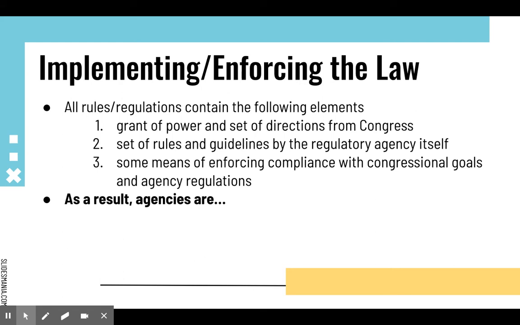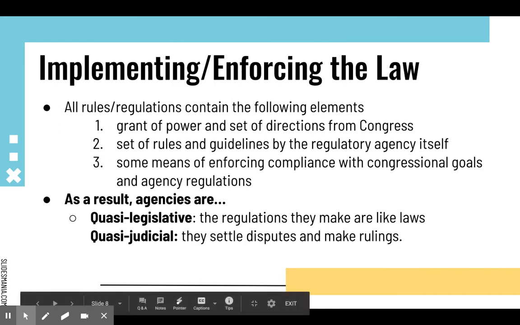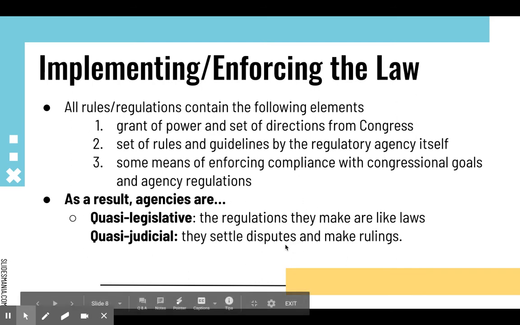So as a result of these elements, agencies are both quasi-legislative, meaning the regulations are like laws, and they're also quasi-judicial. So they do settle disputes and make rulings as well. So again, just another example here, right? Like when we talk about quasi-legislative, quasi-judicial, right?